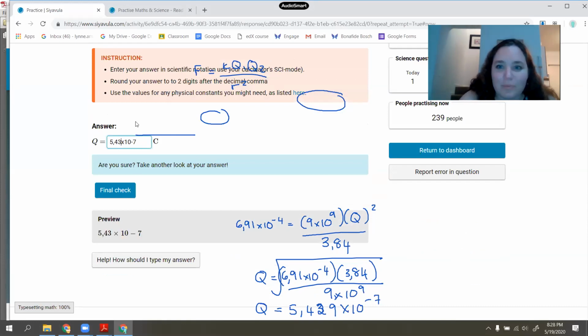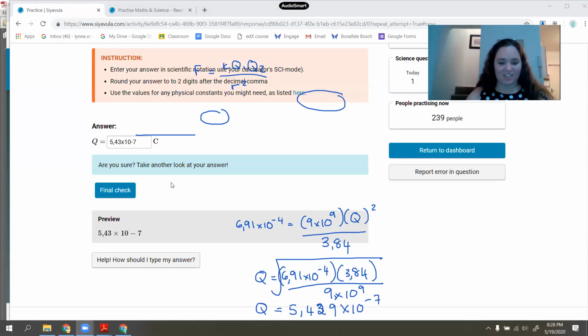Let's just check if someone's got a better suggestion other than my bad rounding. Distance must not be squared. I don't think I squared the distance. I squared the Q. Sorry, just quickly checking one more time. The power I wrote is negative 7, but that's what it is. So I got 6.91.